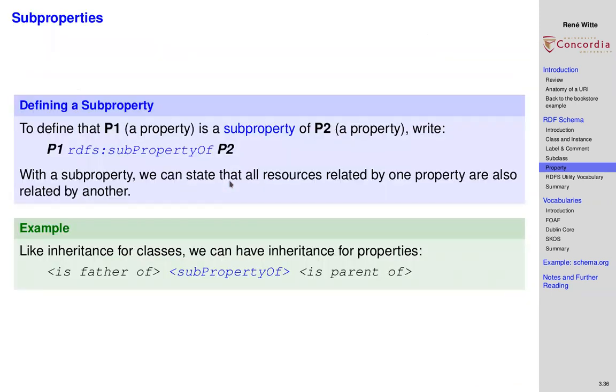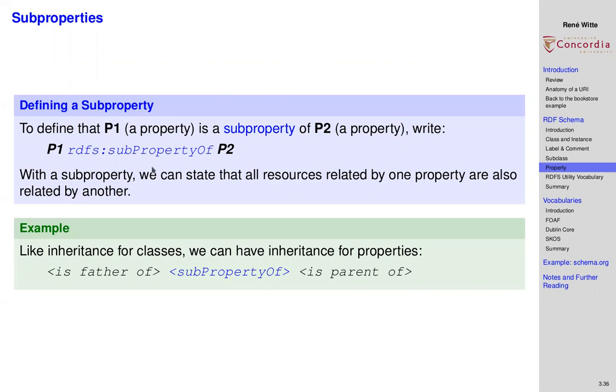So we have seen classes and subclasses, and what you can do in RDF as well is define a subproperty for a property. Again, if you think of programming, that's probably going to be a bit confusing because I don't know of any standard programming language where you can have a subproperty, but in RDF, that's possible to define. So when you have a property, you can say that it is a subproperty of another property.